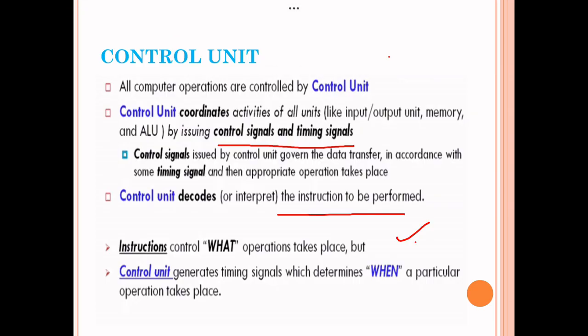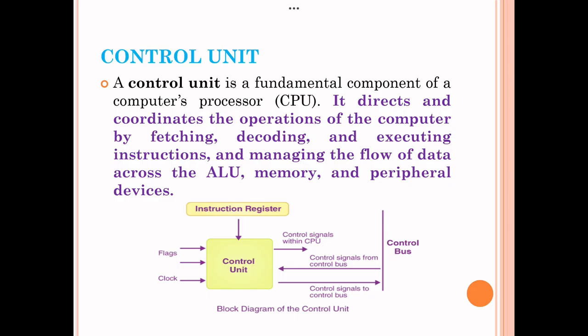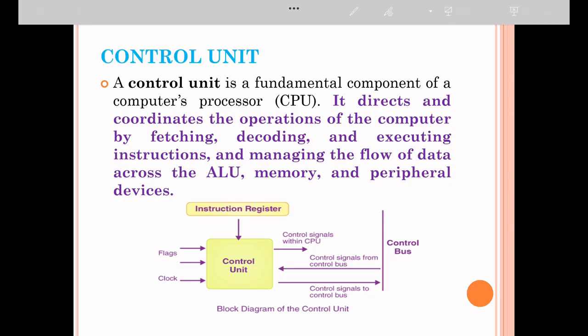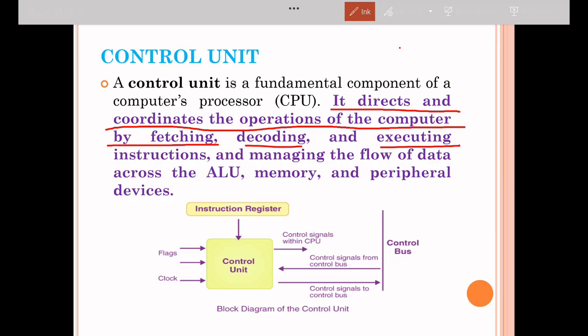Now if you see this is the control unit, how it is performing. What I told, it directs and coordinates the operations of the computer by fetching, decoding and executing instructions and managing the flow of data across ALU, memory and peripheral devices.